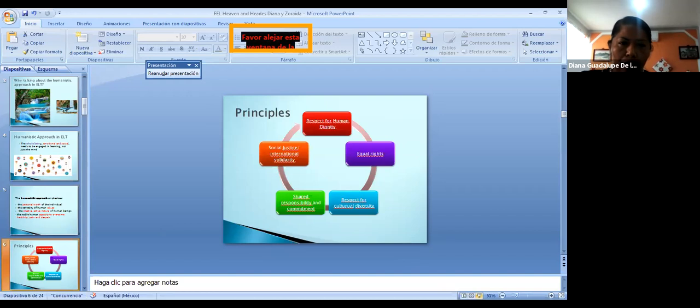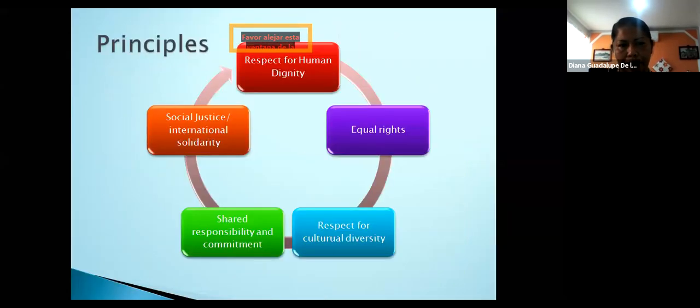One of the principles says that we need to promote respect for human dignity. Probably you've seen nowadays that some programs on television have nothing to do with respect for human dignity. Probably you've heard some of the music around the world, and it does not promote respect.